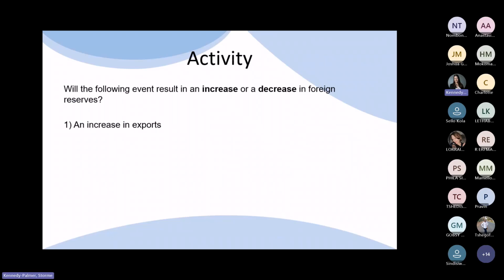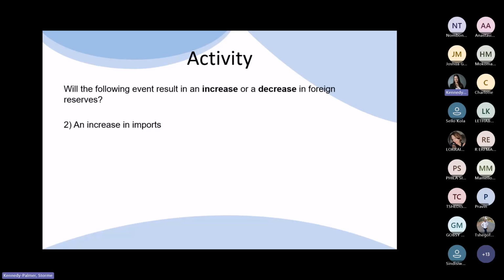Yes, because it's going to bring in foreign currency because we are selling our products made in South Africa to the rest of the world, and we're receiving foreign currency as payment for those goods or services that we produced in our country. So exports bring in foreign currency, and an increase is going to increase foreign reserves.